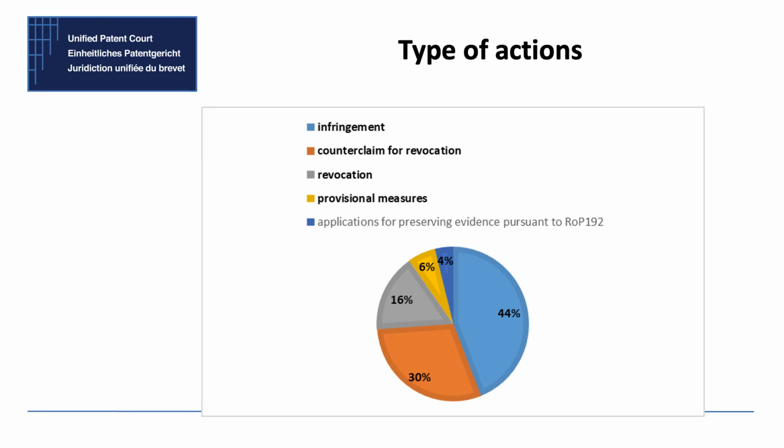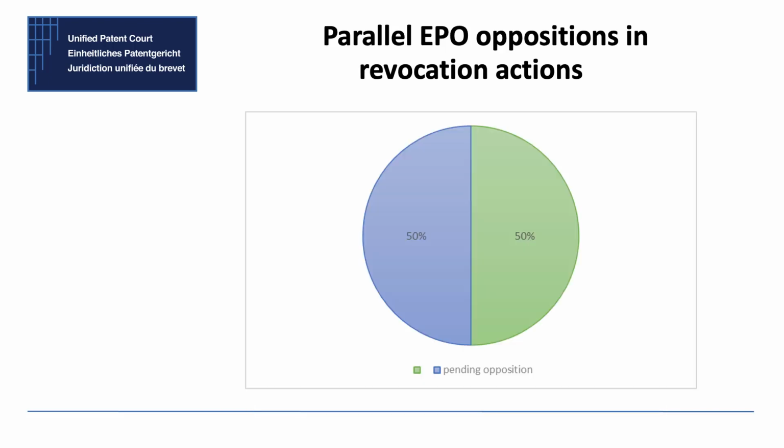I think the revocation is still a significant number, and the most interesting one, I think, is this one, because so far you can see that it is exactly the same proportion with and without opposition pending. I don't know if the UPO has more accurate statistics, because we are counting at the moment.